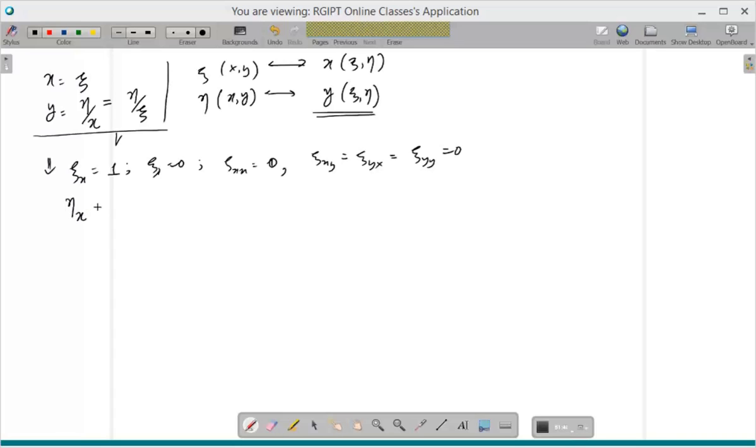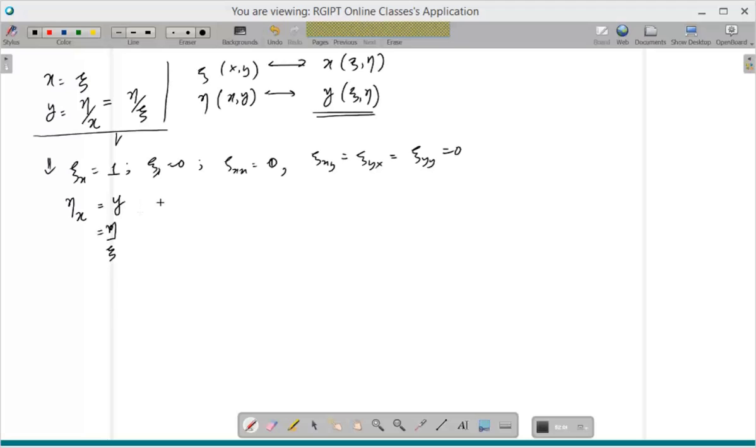And eta was equal to xy, so eta x is equal to y, and y is nothing but eta by zeta. We have to remember that everywhere eta x appears, I have to write it in terms of eta and zeta, not x and y.